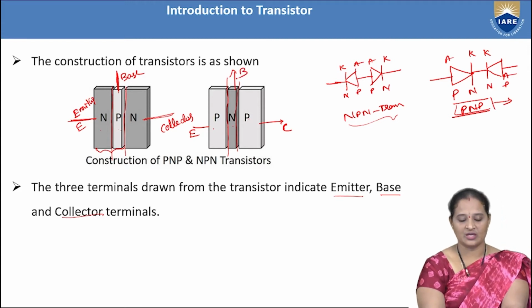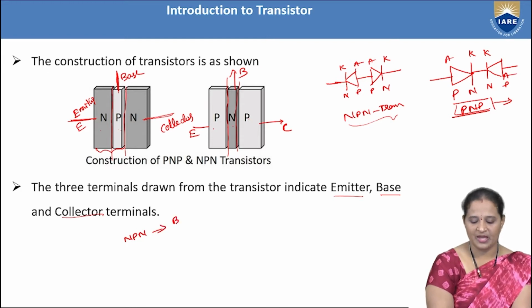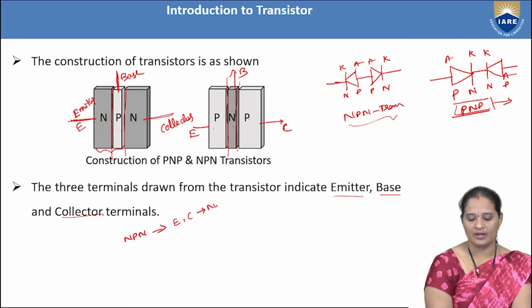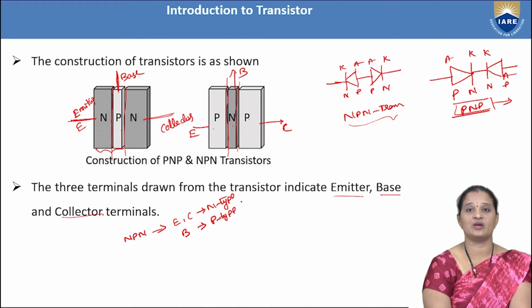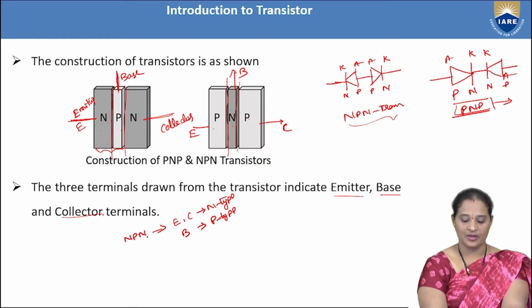So here if you observe, in NPN transistor, emitter and collector are N-type materials, whereas base is P-type, because we are taking the base terminal from the middle semiconducting bar. What is the middle semiconducting bar in NPN? It is P-type.